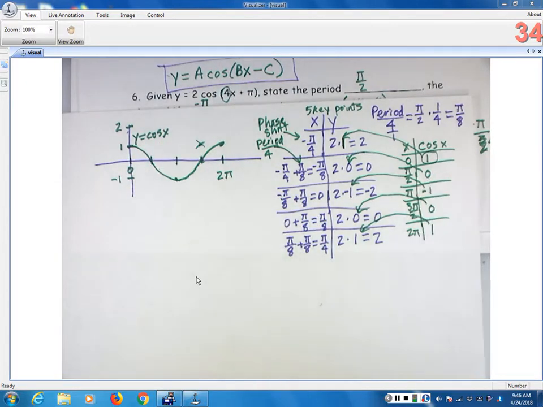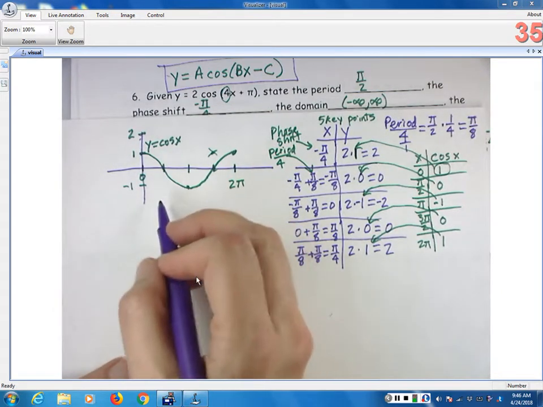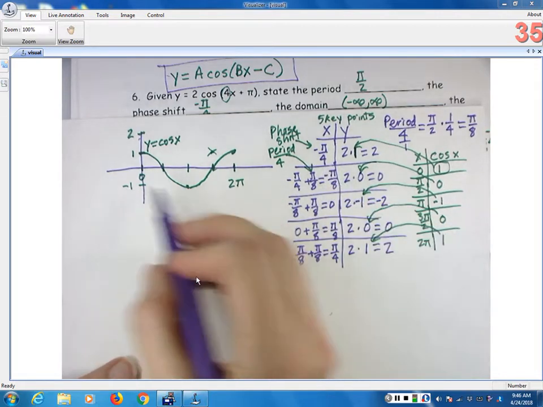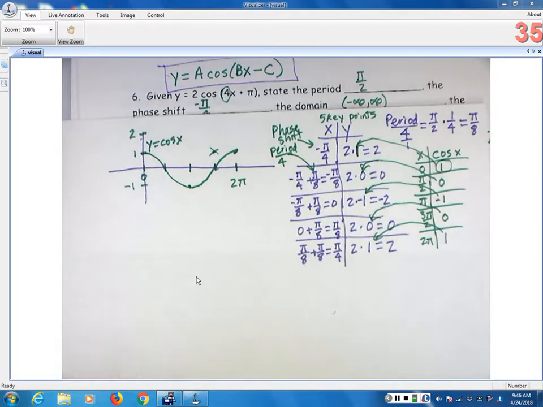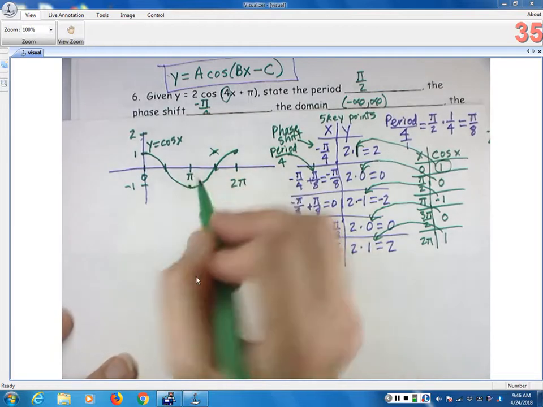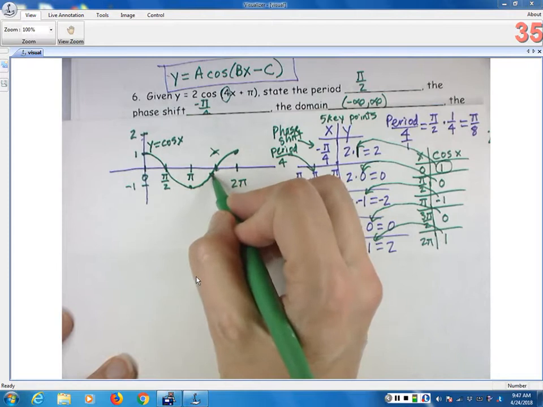So now I'm going to draw that, and we probably should have made the chart bigger, but this is at minus pi. This is pi, this is pi over 2, and this is 3 pi over 2.